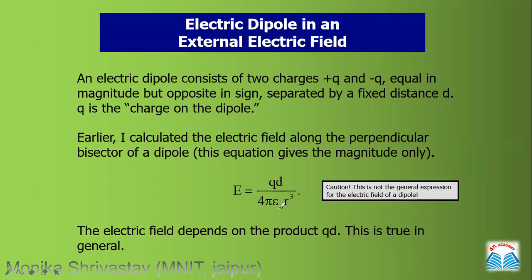So basically, an electric dipole is a system consisting of two charges, plus and minus, equal in magnitude but opposite in sign, separated by a fixed small distance d, we can say.